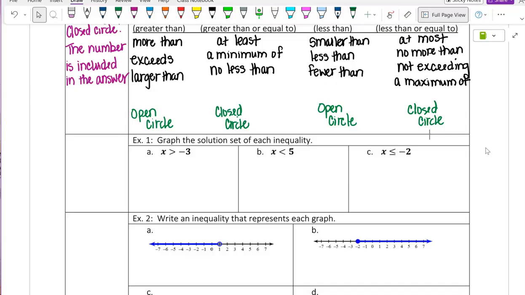Well, I look at this: x is greater than -3. Greater than, we said, is an open circle. Greater than, the point of the inequality symbol is pointing to the right, so we're going to shade right, because that's where the numbers that are greater than -3 are.